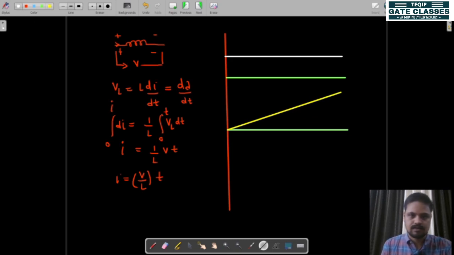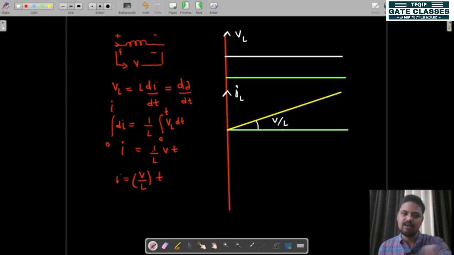This is I, and this is V, VL and IL, and the slope of this line is going to be V upon L. In the same way, you can try it for the capacitor also. It's your homework whenever you see this lecture.